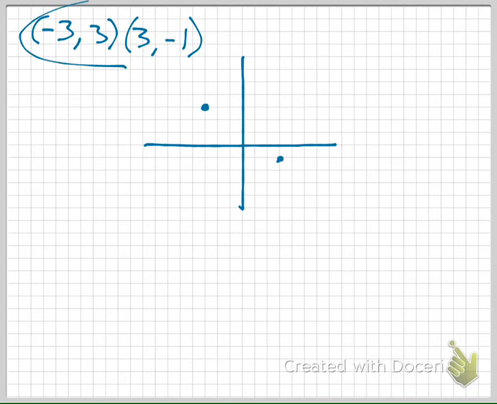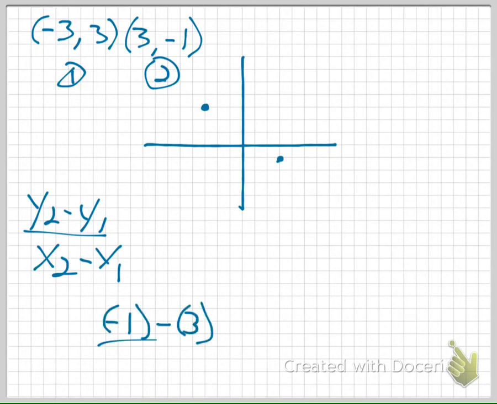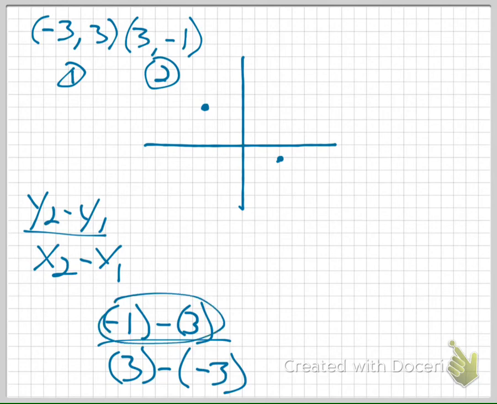Can I figure out what the slope is just from that information? Yeah, I can. y2 minus y1 over x2 minus x1. We'll say that's point 1, that's point 2. What's y2? -1 minus 3 over, what's x2? 3 minus -3. What is -1 minus 3? -4.